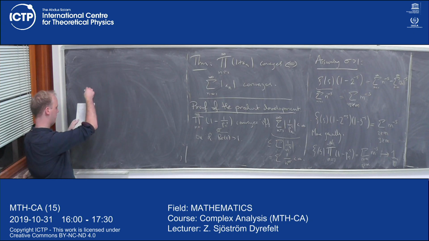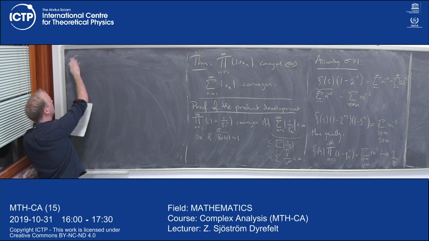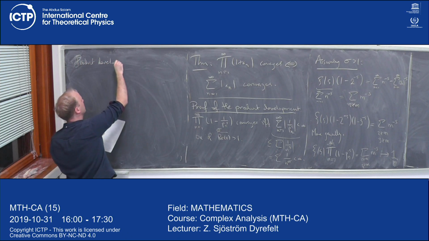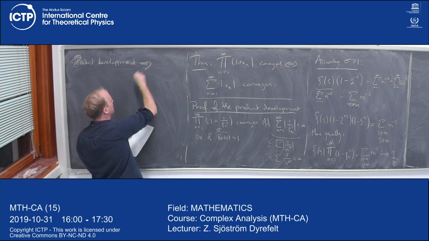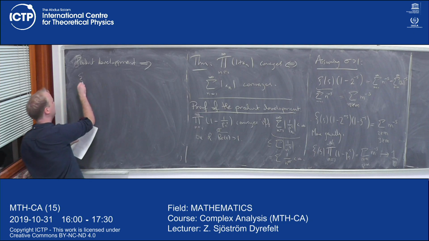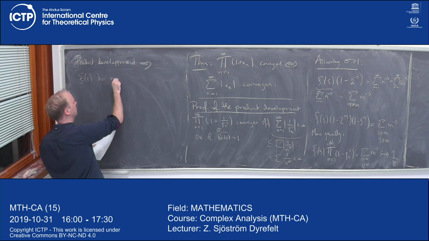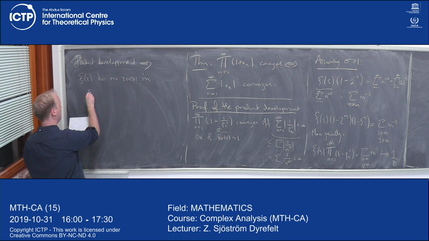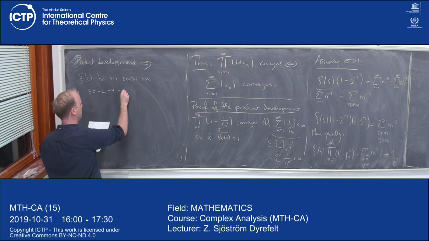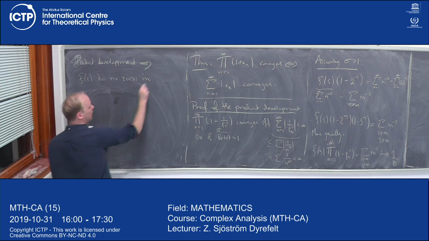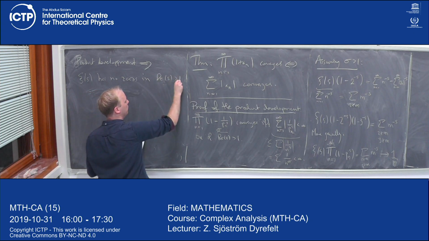Okay, and now we come to the product development. What does it imply? It implies that the zeta function has no zeros with real part of s greater than 1.